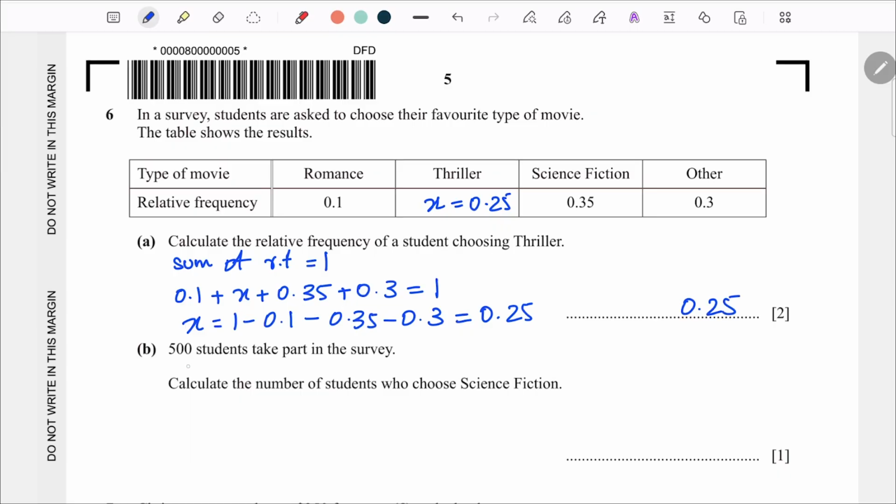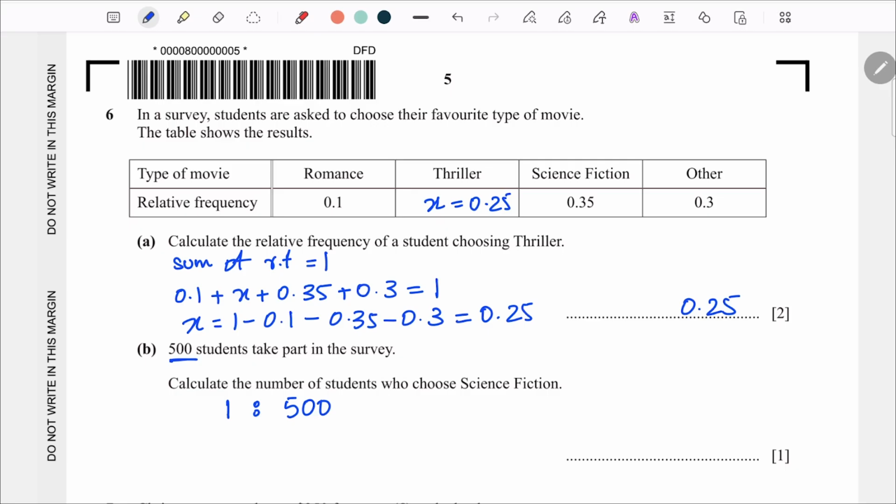In part B, 500 students take part in a survey. Calculate the number of students who choose science fiction. We can solve this by using ratios. The total relative frequency is 1. Total number of students is 500.